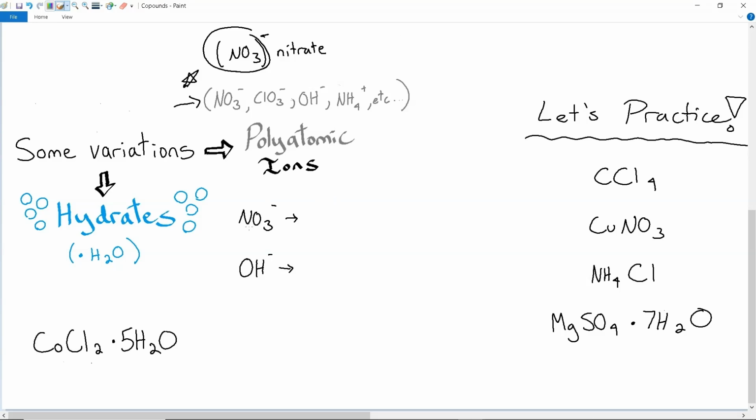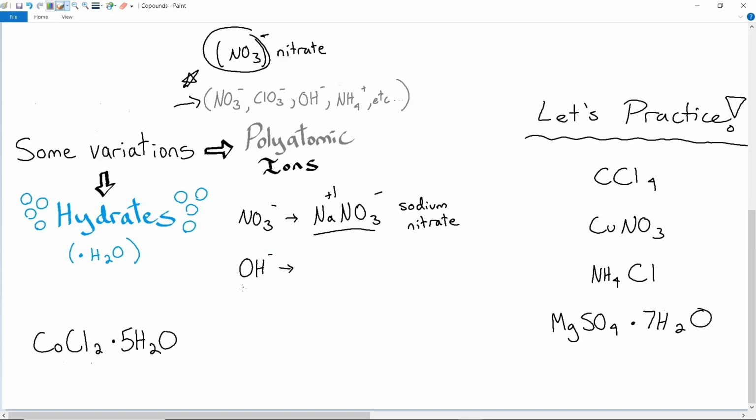Let's do some examples here. So for NO3, which is a nitrate, I could write NaNO3, right? Because nitrate has a charge of -1, sodium has a charge of +1 as an ion, so I can make an ionic compound here. And I would just call this sodium nitrate. Very straightforward.